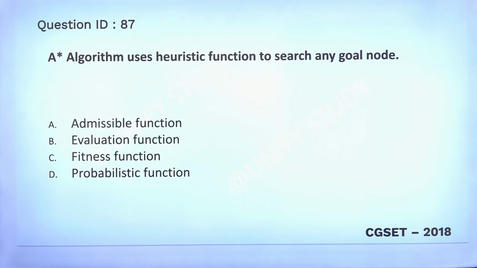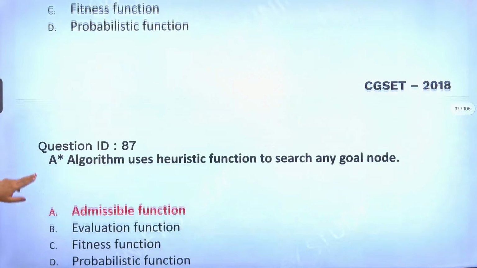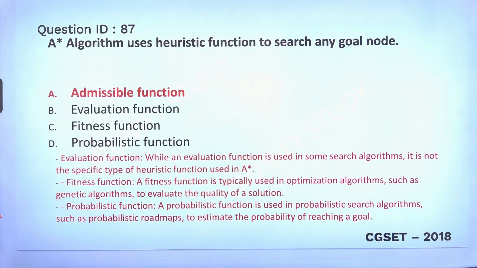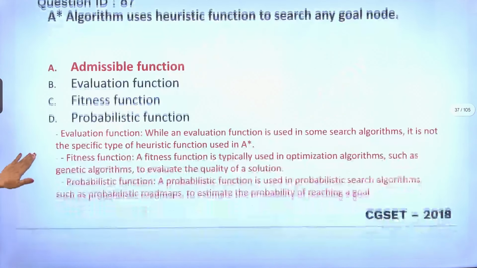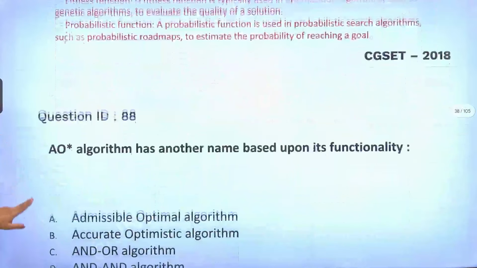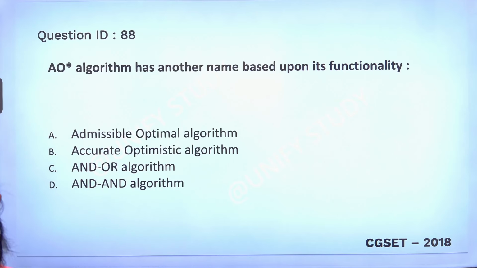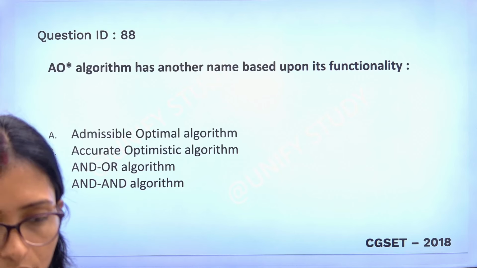Yes, so here definitely A star uses a heuristic function that is admissible. It will always be admissible when it is not overestimated. This is a very important part. Now AO star. What is AO star?